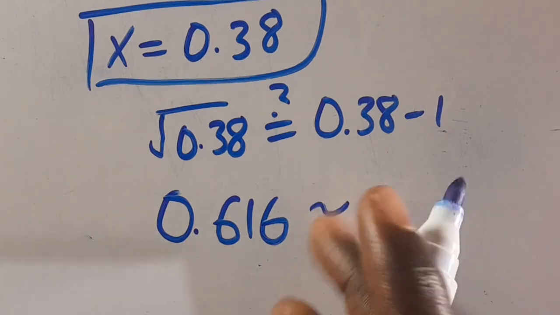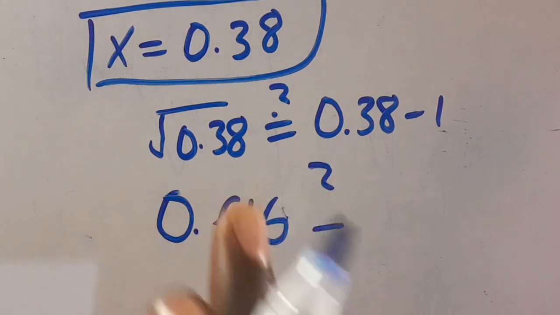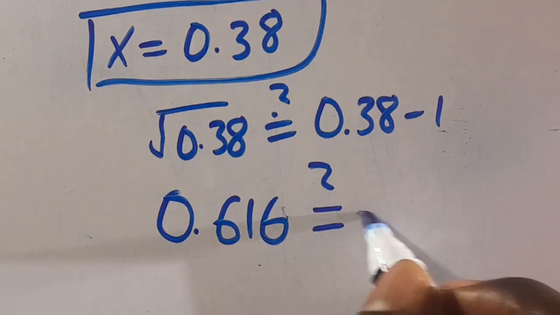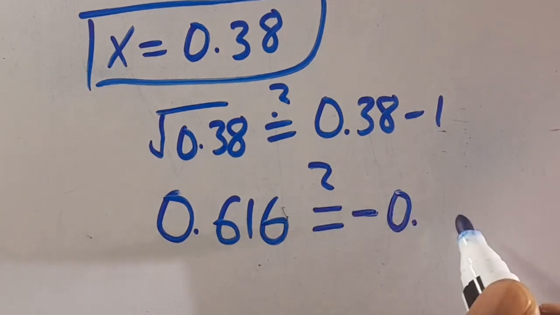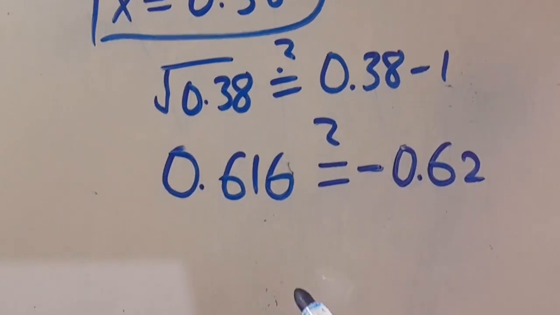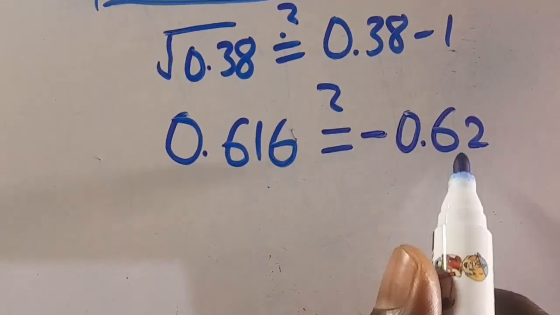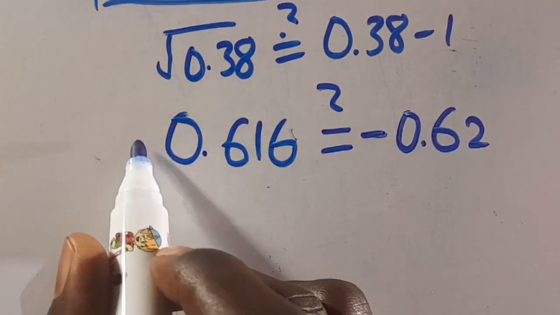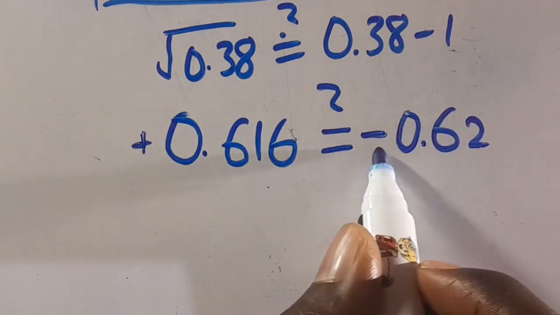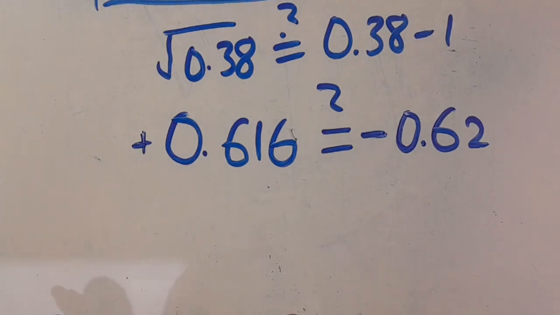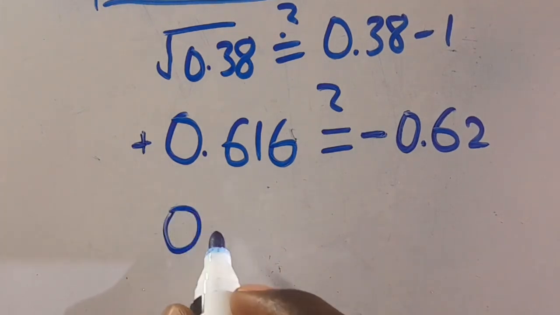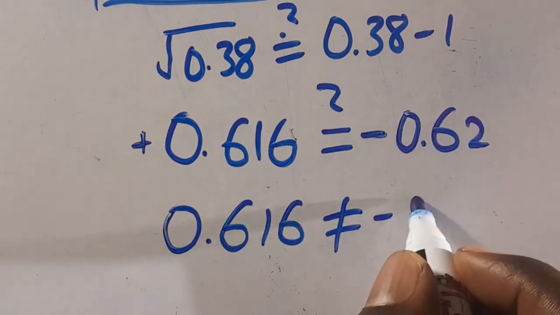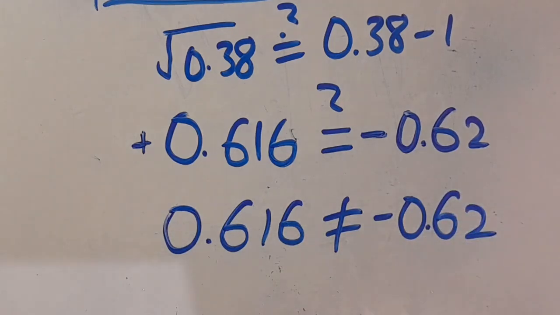Then is it going to be equals, as 0.38 minus 1 will give us minus 0.62. Now we have this negative, it will affect this, because this one is positive and this one is negative. So because of that, we will realize that 0.616 does not equal minus 0.62.